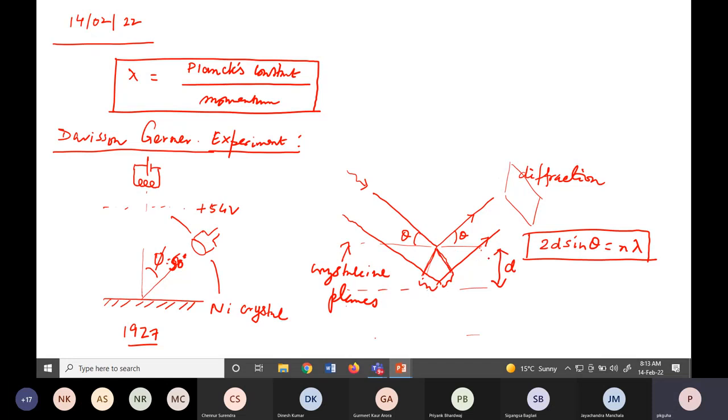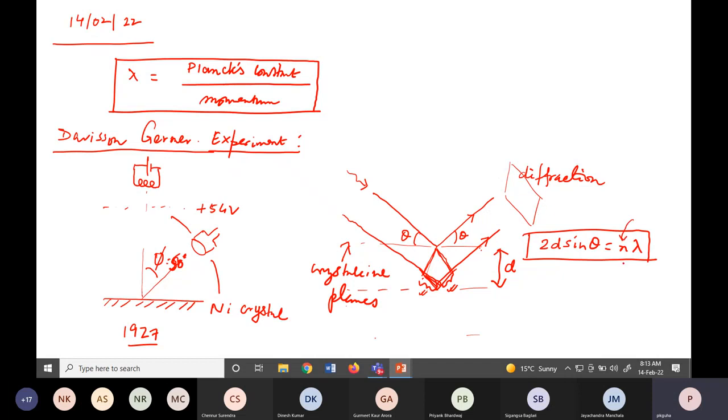Sorry, my drawing is not good. If this is d, then it is possible to show this is d sine theta and this is also d sine theta. So 2d sine theta is the additional path of the second X-ray compared to the first X-ray. If it is equal to n lambda, this is the order of maxima, because there will be different orders of maxima.